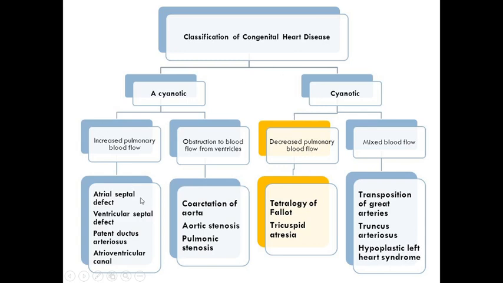Acyanotic congenital heart diseases, examples are atrial septal defect, ventricular septal defect, patent ductus arteriosus, and coarctation of aorta, right?